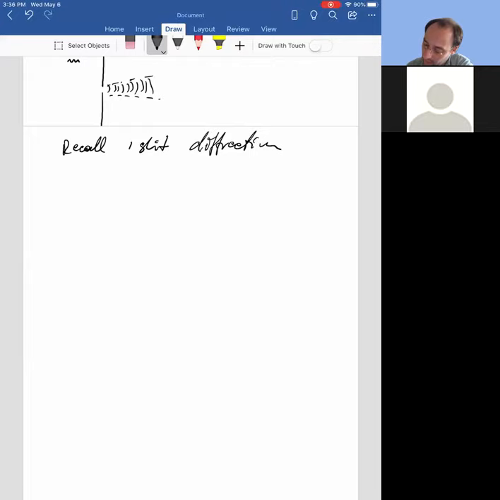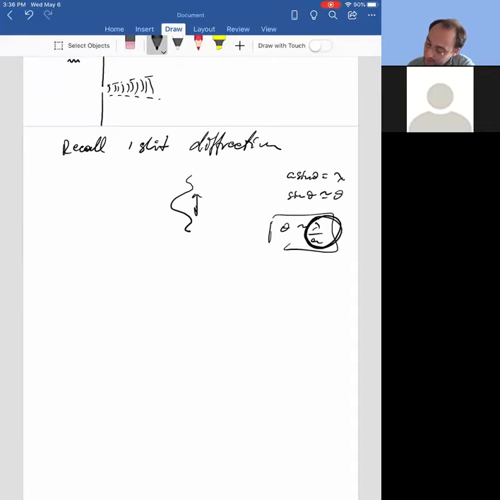You have a pattern like this, right? And what was this? Well, you have a sine theta equals lambda over a. For a small angle, sine of theta is approximately theta. And so theta goes like lambda over a. Right here, this is it, lambda over a.